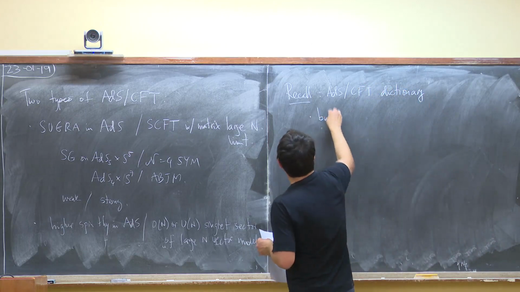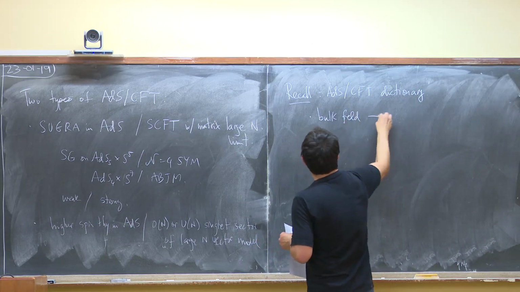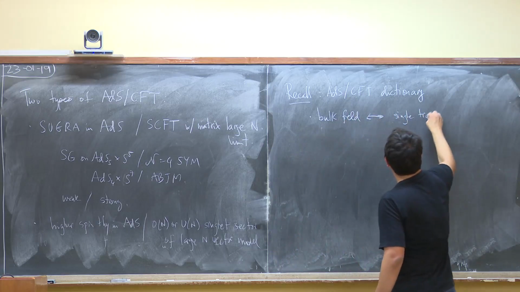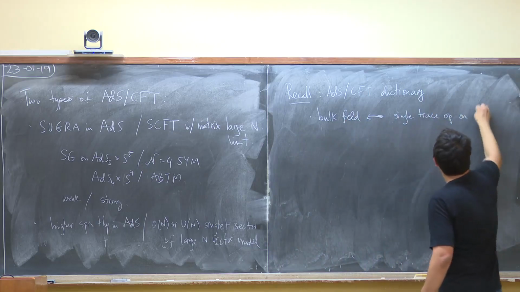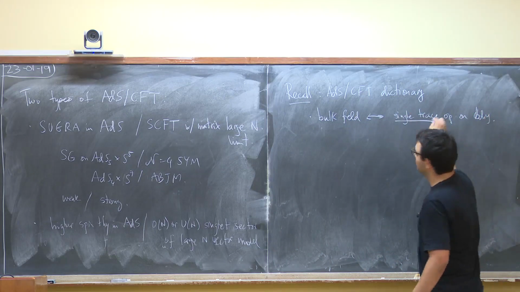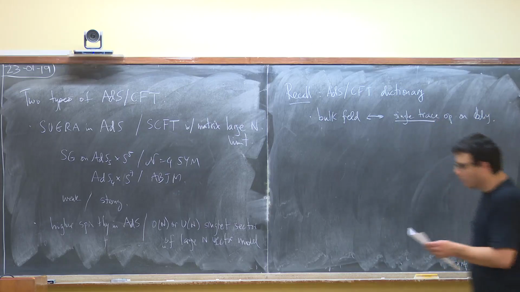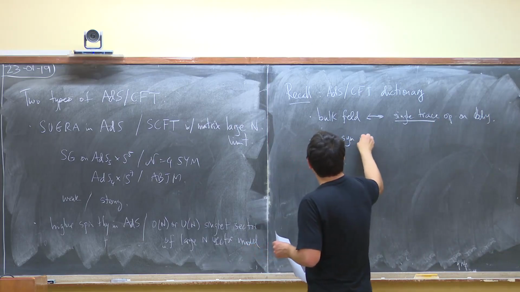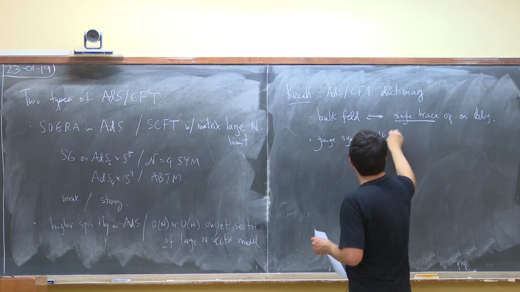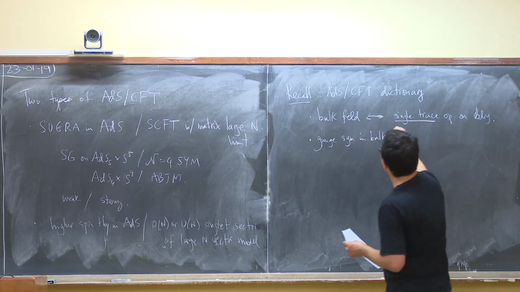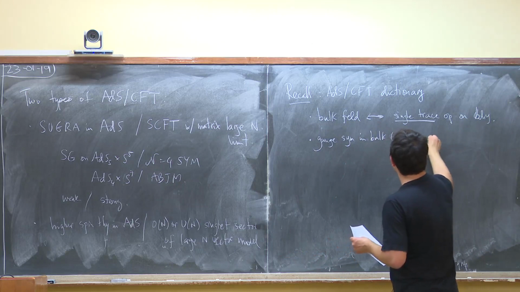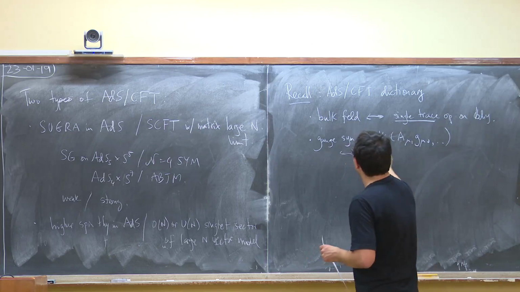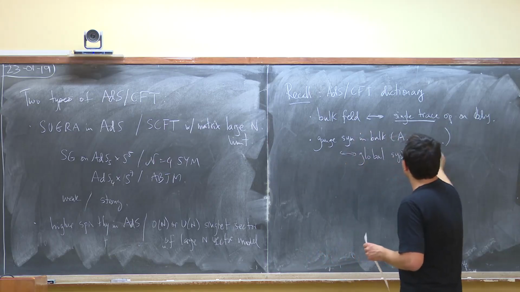First is that a bulk field is dual to a single trace operator on the boundary. And the other thing we should recall is that a gauge symmetry in the bulk corresponds, so for instance, if we have a gauge field or the metric and so on, then we have a global symmetry in the boundary.